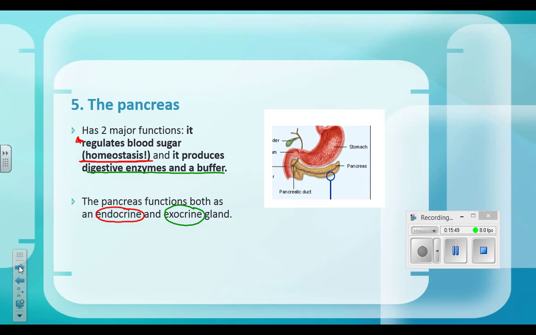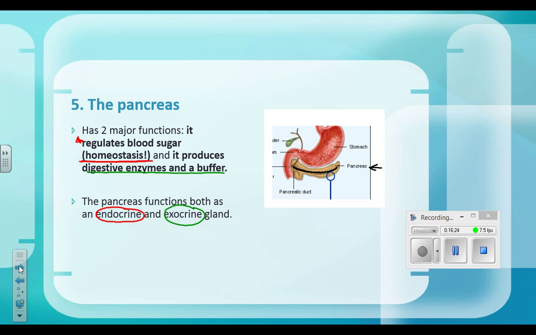So this page sums up what's happening in your pancreas so that you know your pancreas is usually sort of behind and below your stomach. Sometimes on diagrams we'll show it as completely below your stomach so that you can actually see it. But anatomically speaking, a portion of the pancreas would sort of be in behind your stomach. There is a duct that runs down the middle of your pancreas.